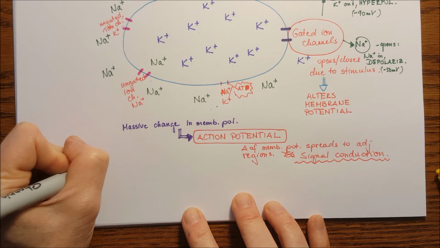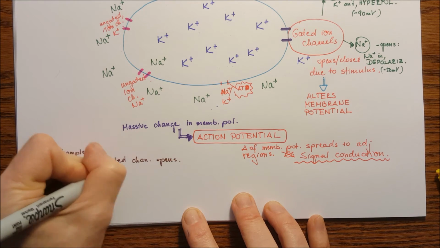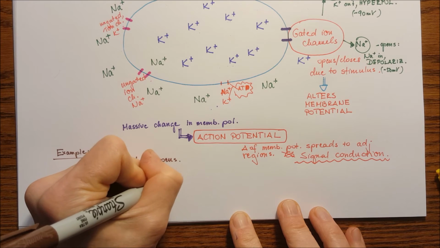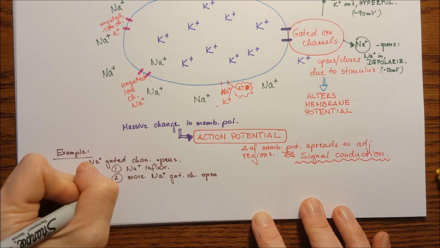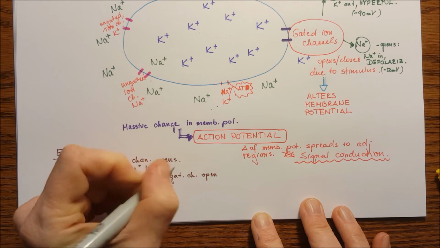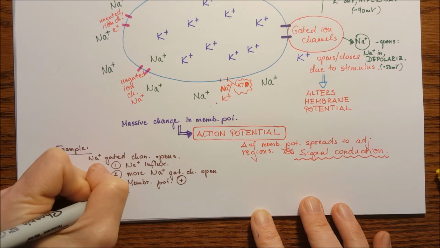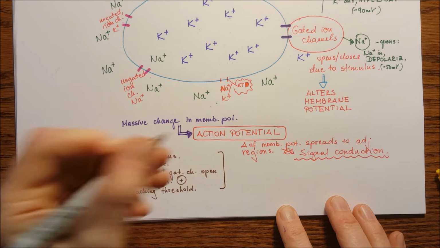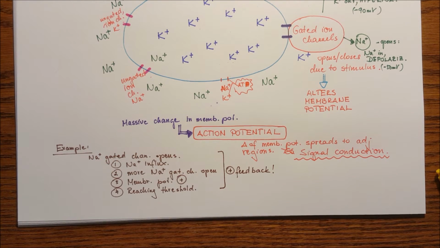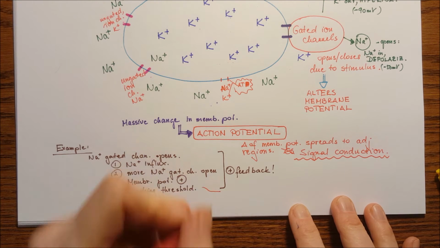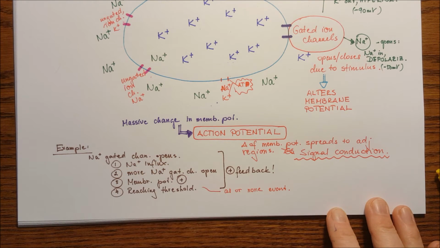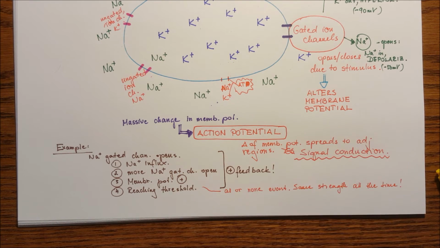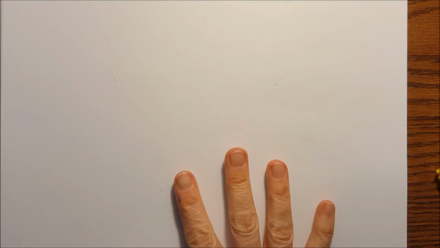The sodium gated channel opens in response to a stimulus. Sodium moves in, more sodium gated channels open up, and it's kind of a positive feedback in here. The membrane potential moves towards a positive value, still negative but more positive, until it reaches a threshold. So it's all positive feedback reaction, reaches a threshold, a value when an all-or-none event happens and the action potential reaches the top and reaches the same strength all the time.